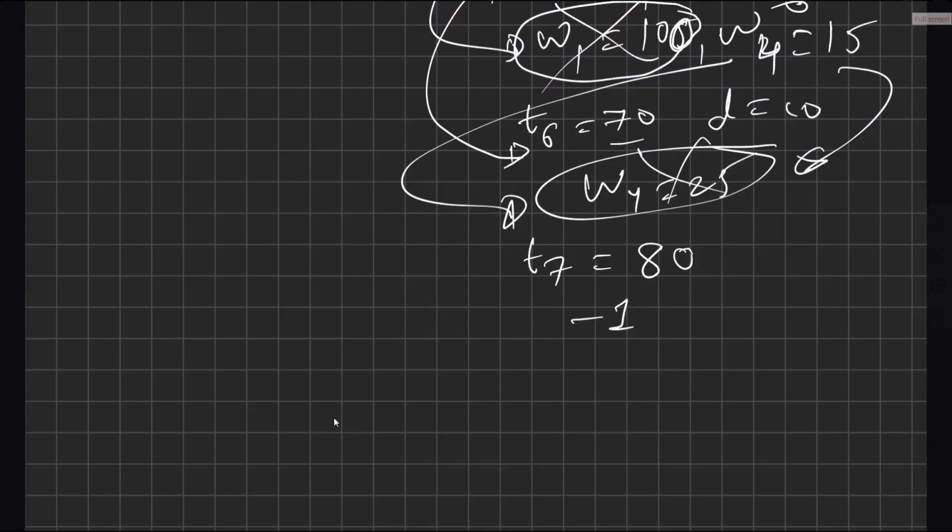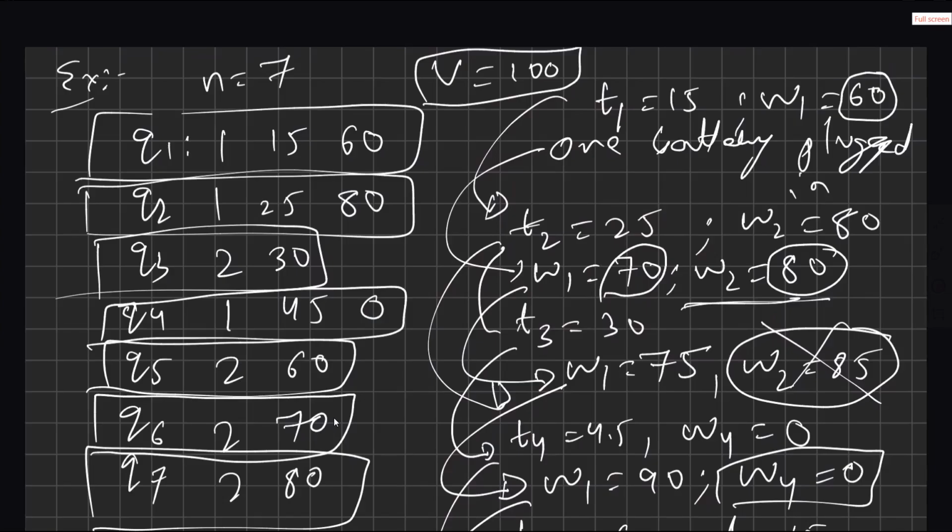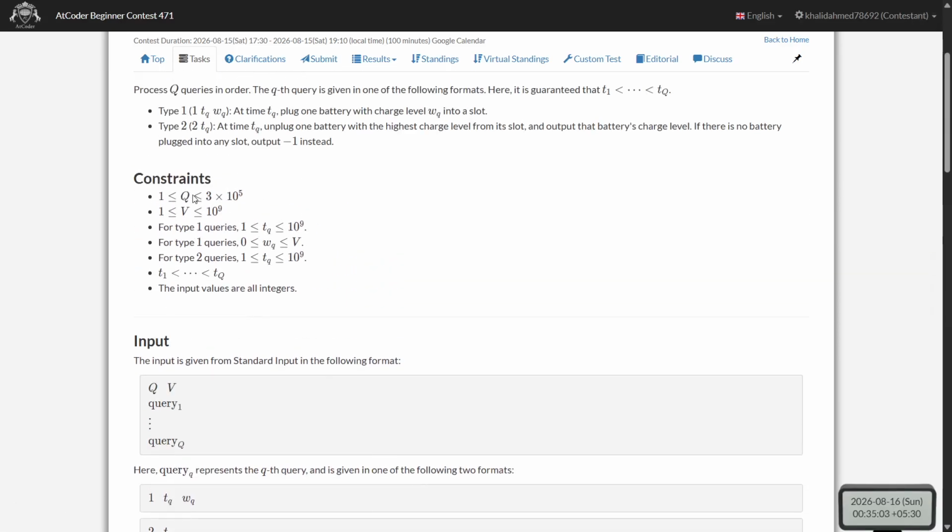Now you have understood the problem statement fully. How do you solve it is the question. A brute force approach is not going to work, because the inputs are way larger. If you build an array or something like that, and for each query update the charge of every battery, it will take O(n), and since there are up to q queries, it will be at the 10 power scale, so it will get TLE.